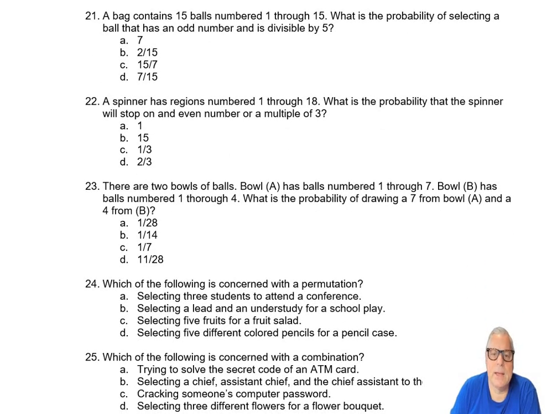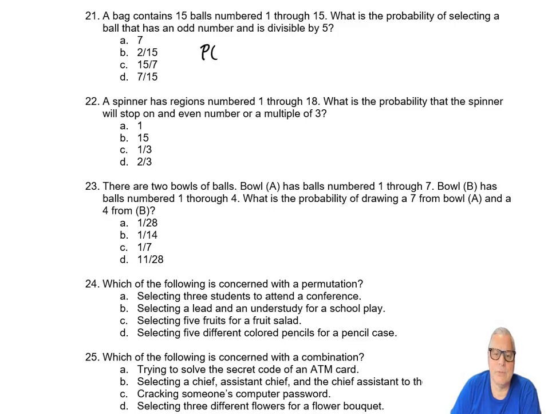Okay, again, a bag contains 15 balls numbered 1 through 15. What's the probability of selecting a ball that has an odd number and is divisible by 5? So again, those are not mutually exclusive events.